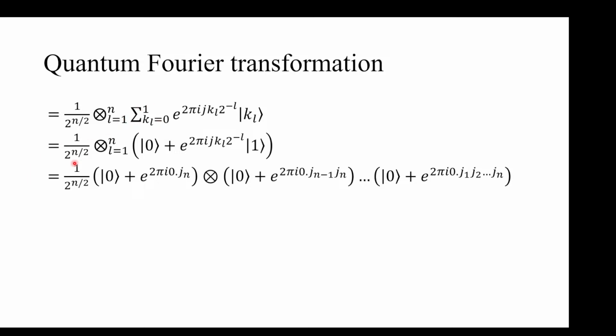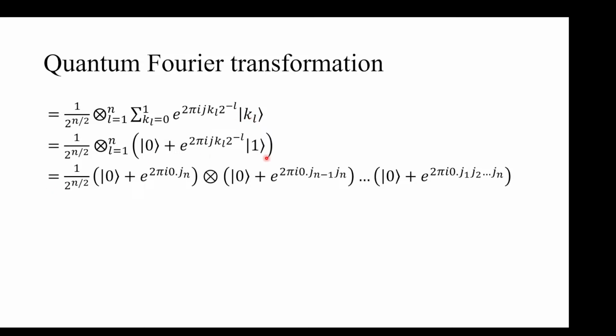And then the next thing we do is break out the summation. So kl can be either 0 or 1. When kl equals 0, the exponent is going to be 0, because you have this 0 here, multiply everything, it becomes 0.